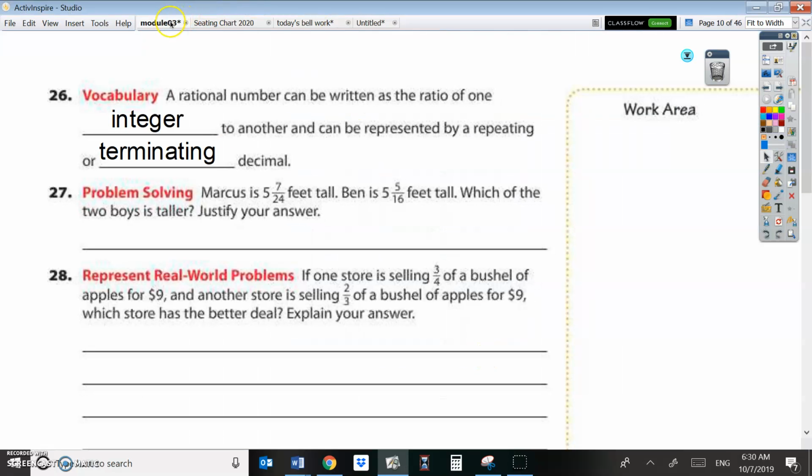The 5 is the same, so we need to compare the 7 over 24 and the 5 over 16.